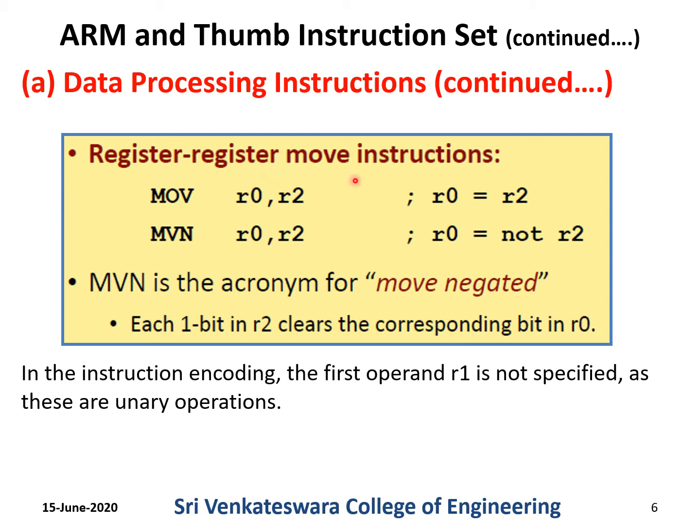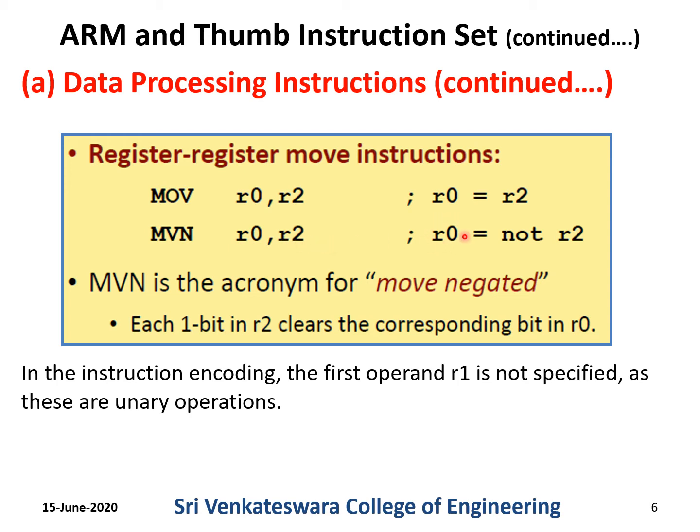Now this is about the register move instructions. MOV R0, R2 actually copies the content of R2 into R0. And another instruction, MVN, which stands for move negated, is of this format: R0, R2.